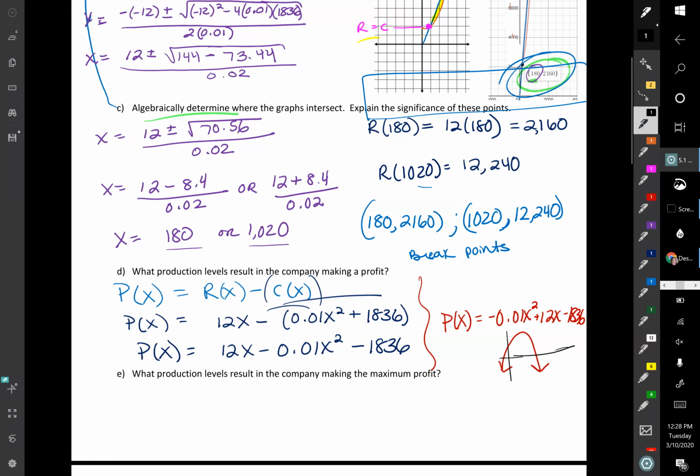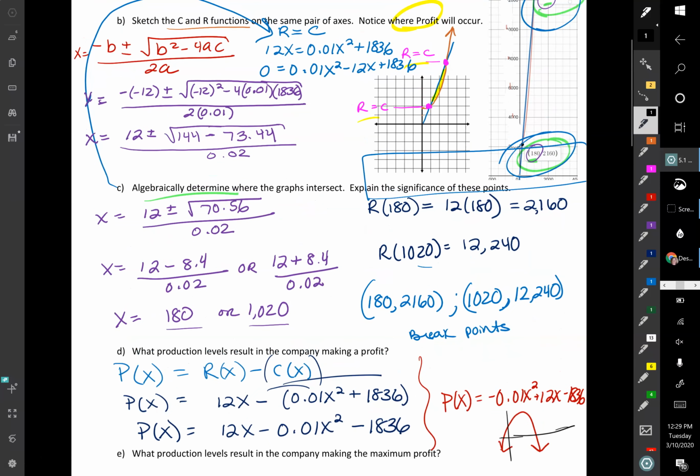So we have the function. Now we need to know what production levels will result in making a profit. Really, we look at our graph again: anything between these break-even points is going to be our levels that make a profit.